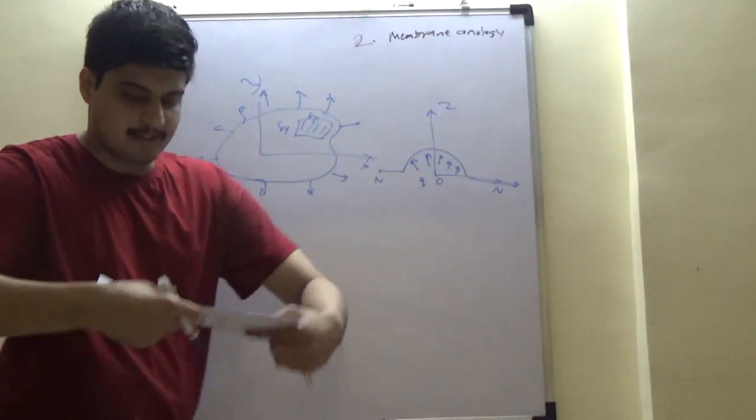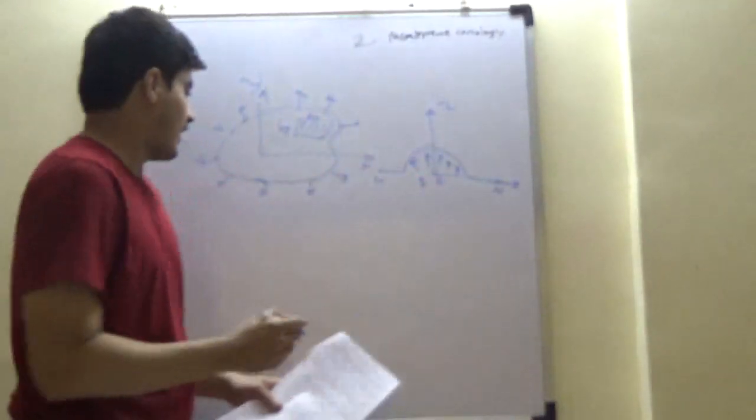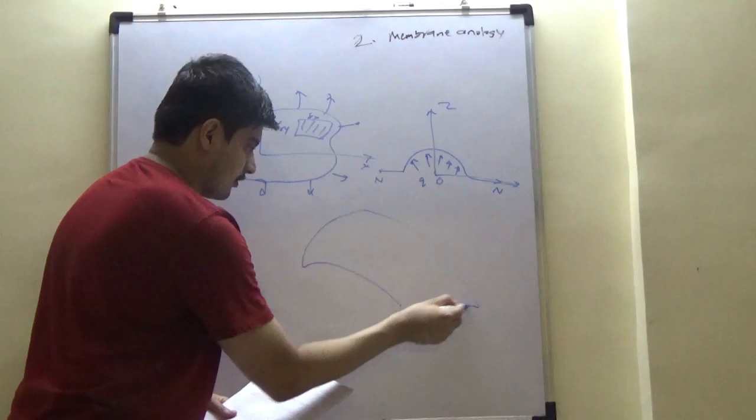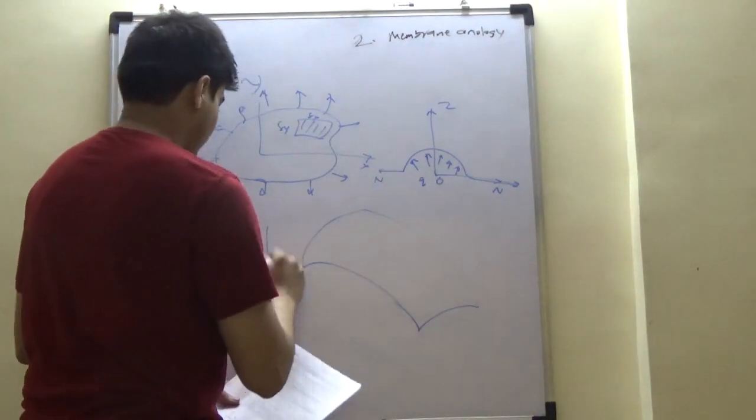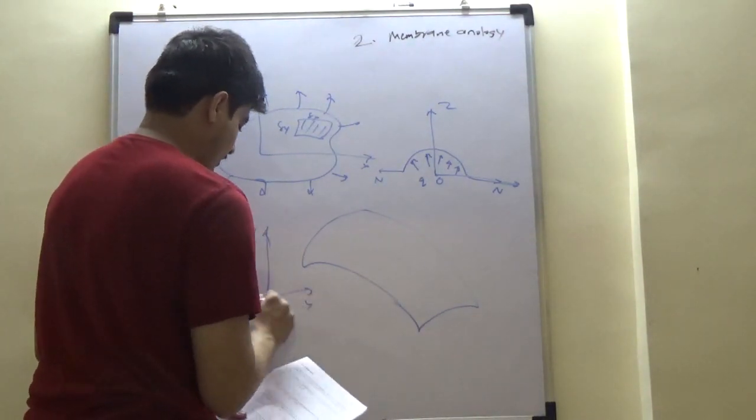So what we are saying is, imagine this is a membrane. Let us draw the curvature shape of this membrane in this x, y, z shape.